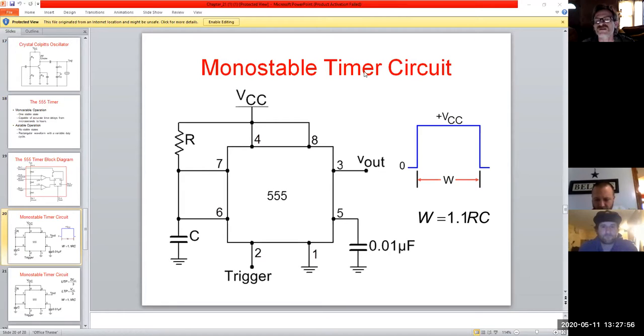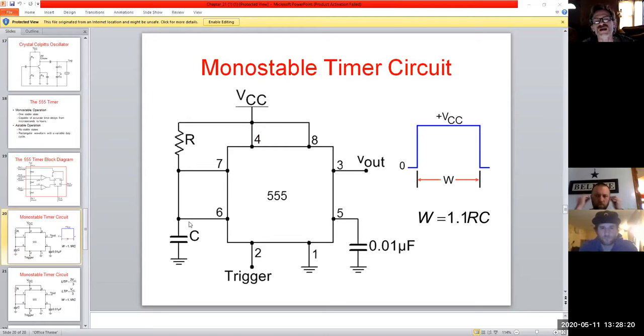If I wanted a particular monostable timer circuit out of it, really all I have to do is set up a particular trigger point, very basic, and give it a capacitive value to provide me with my omega overall. So I could vary the width of the pulse, if you will, based on what capacitive value I pick and what resistive value I pick.